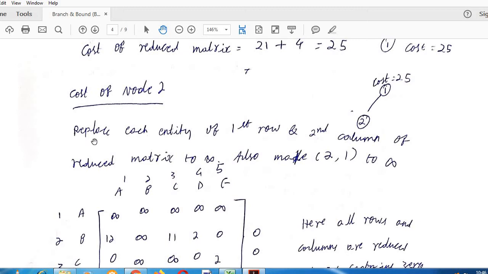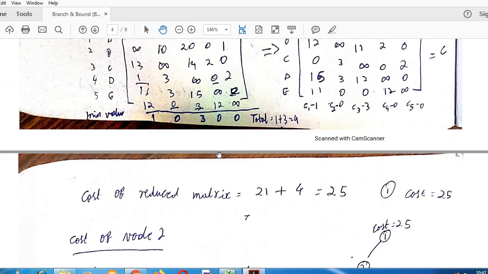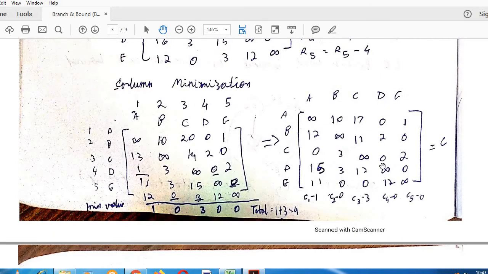So I have to replace each entity of the first row and second column of the reduced matrix with infinity. Also make the (2,1) entry infinity. The reduced matrix we got is this.